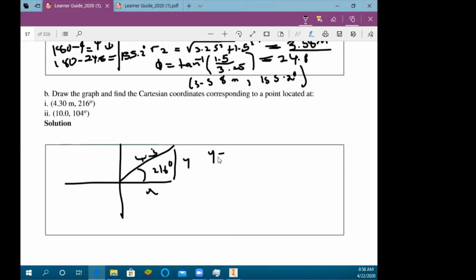In this case, y is equal to 4.3 sine, right? Yes. Oh, sorry, I made a mistake here because the way I drew the angle is wrong. It should be in the third quadrant. Where is 216?